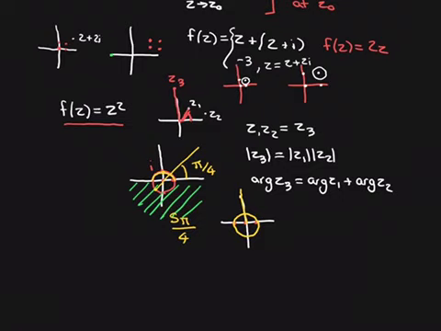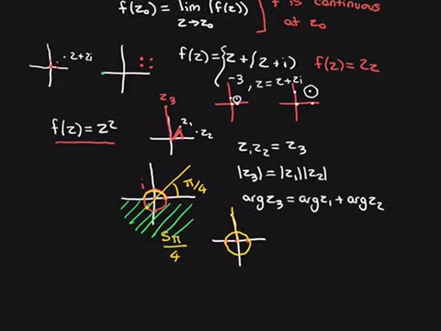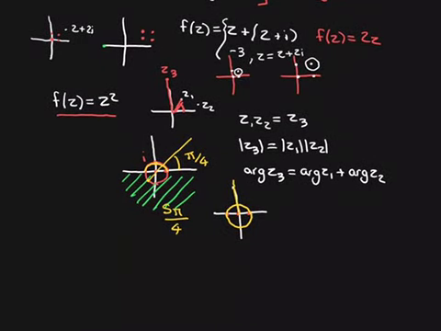Now, proving rigorously that the limit of the function at every point is equal to the value of the function itself is a bit boring. It's not that much fun, but intuitively, I hope you can see that every point in this function, because it's a stretching and twisting function, is intuitively continuous.